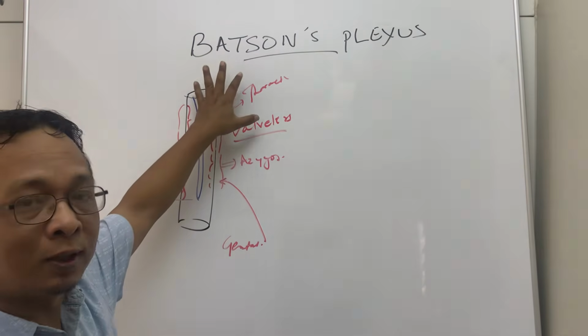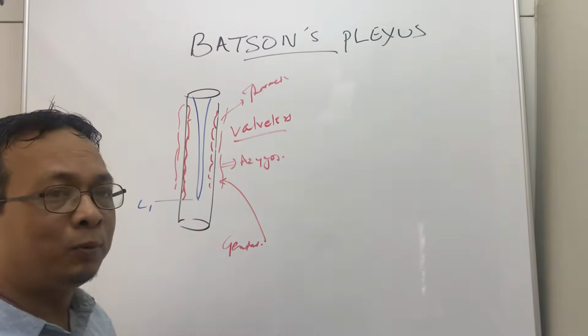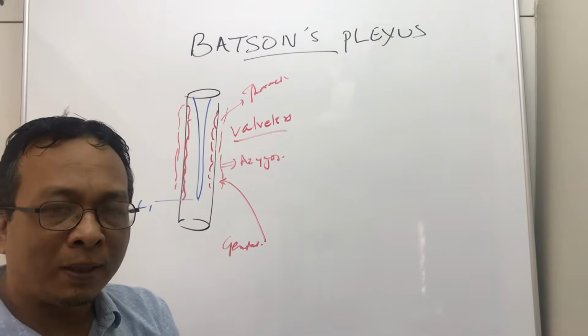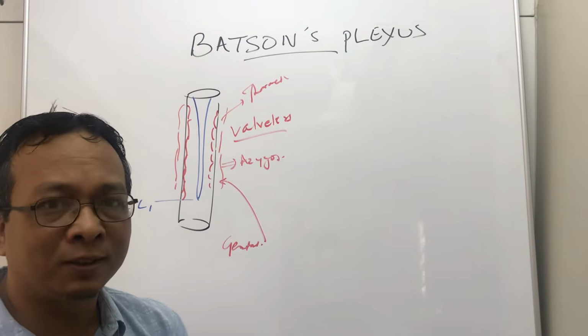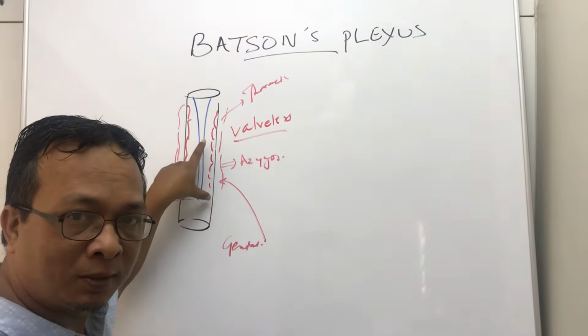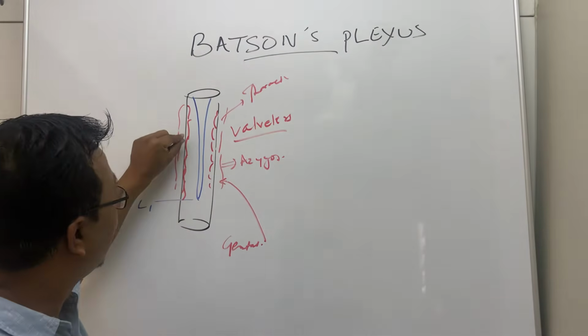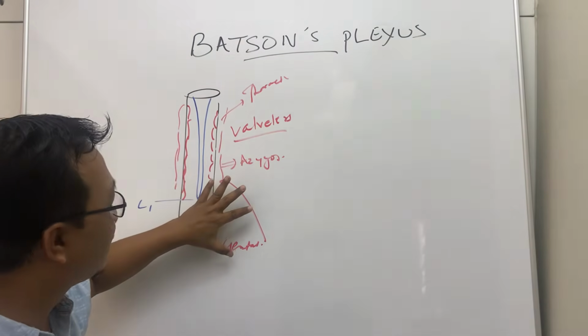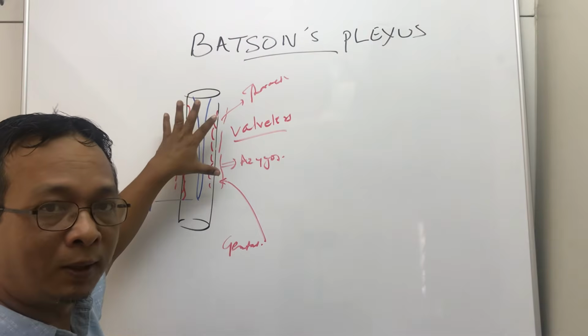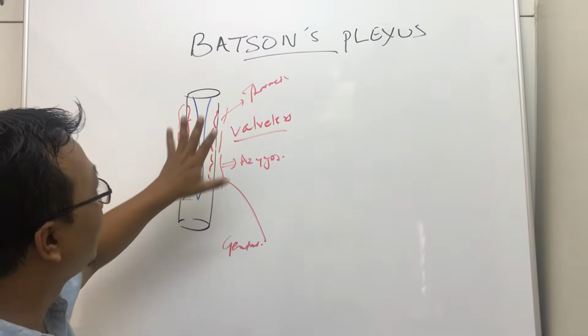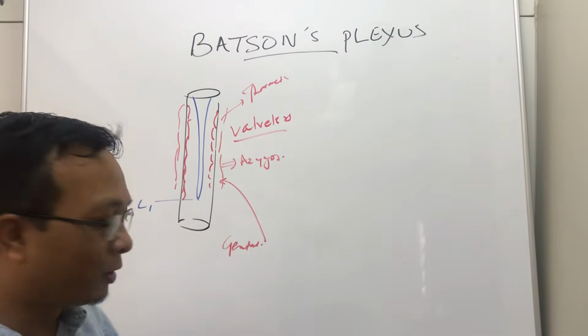They are also connecting to the thoracic area, and so it provides a great passage for passing of cancer cells to the bones, to the vertebrae, or passing of infections from the genital area up to the vertebrae, causing osteomyelitis. Okay, let's try to understand now anatomically what is Batson's plexus.